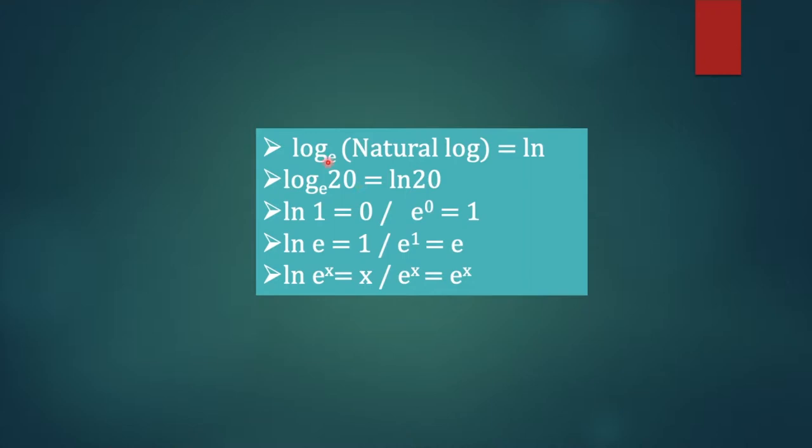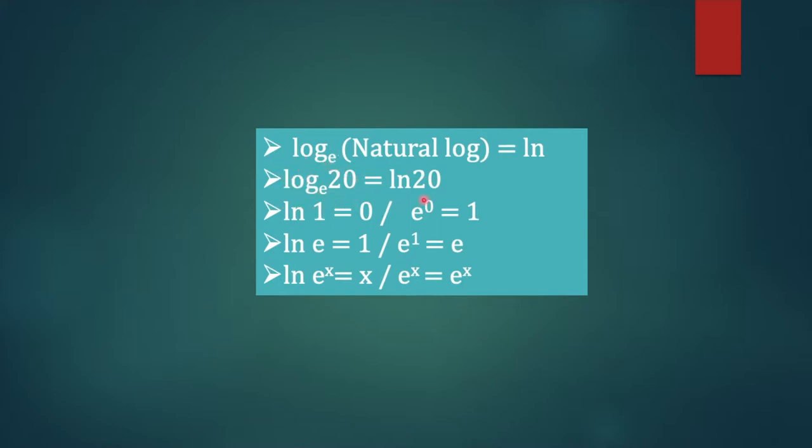This question asks: what is the power of e to become 20? We will find the value of e later in the slides. This type of logarithmic form is called natural log. Why is it called natural log? Because this type of expression can be used to express the most natural form of growth.